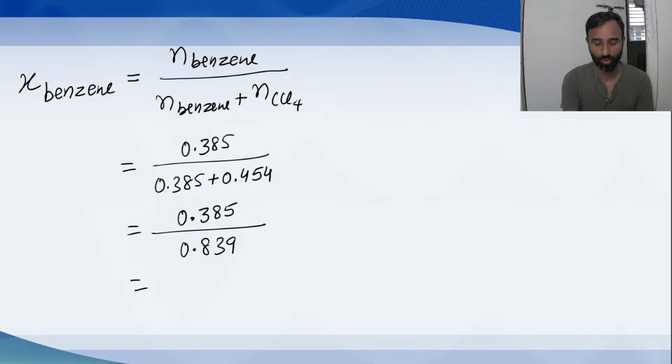So now 0.385 divided by 0.839, that is 0.459.